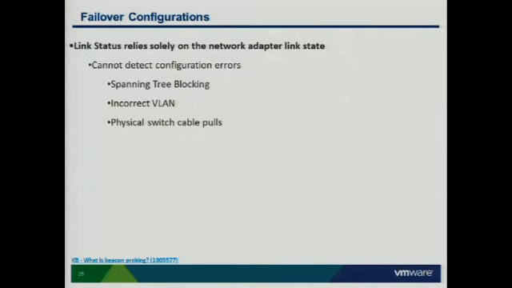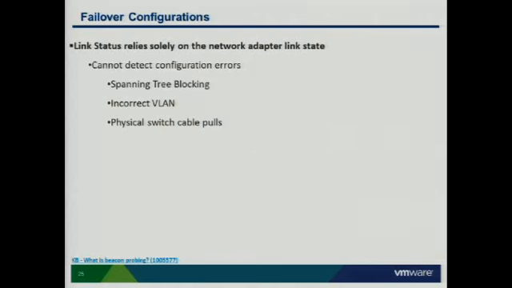And then for failover configurations, we have link status, and that relies solely on the network adapter link state. But we can't really detect configuration errors. So the things that we really want to watch out for: spanning tree blocking comes up quite often when we're vMotioning machines, migrating from one host to another host.